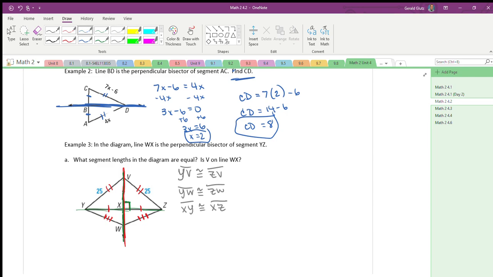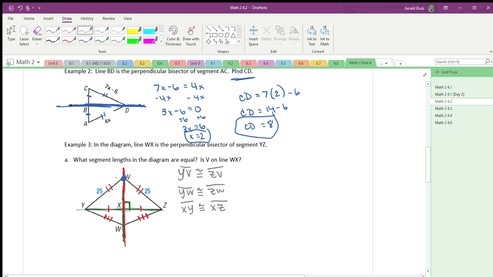So the way that we can tell if V should have been on line WX, since this is a bisector, is if it creates two congruent line segments on the opposite side of V, then V is on that line.